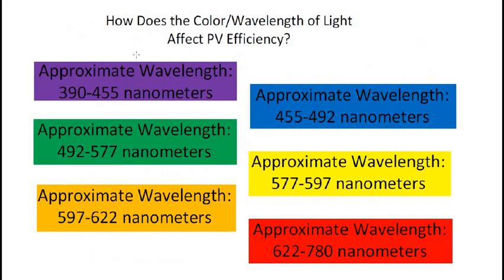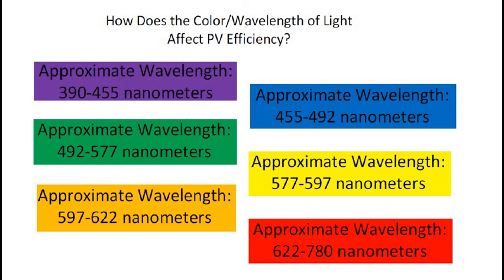Now different colors with their wavelengths of light are given here. This is the purple color having a wavelength of 390 to 455 nanometers. It is the smallest wavelength of the light spectrum, and due to its smallest wavelength, it will produce more photovoltaic effect than all the others.